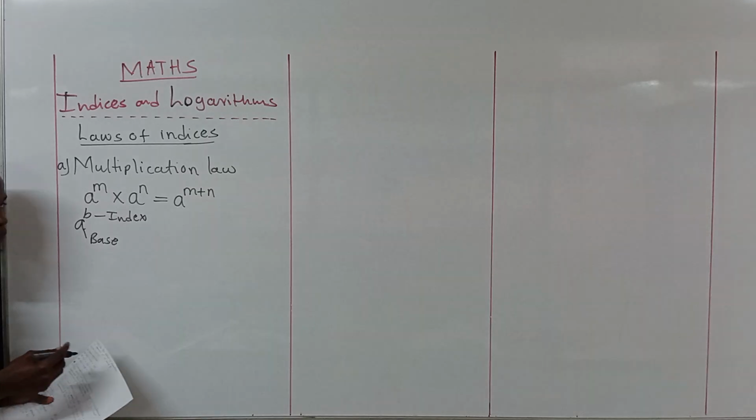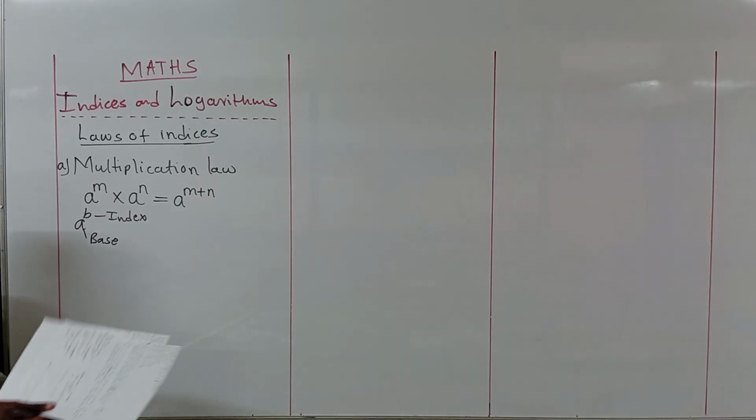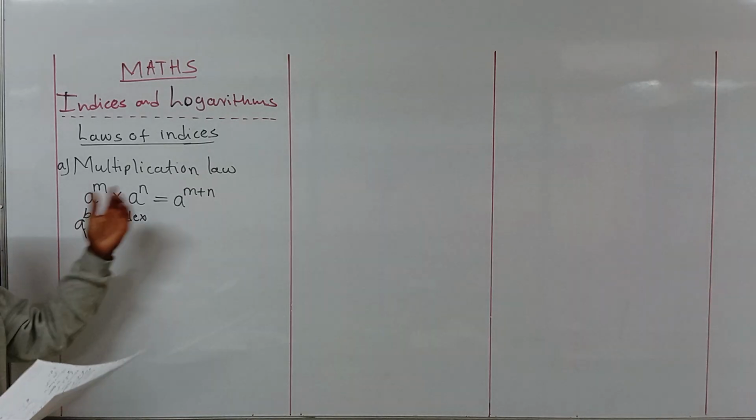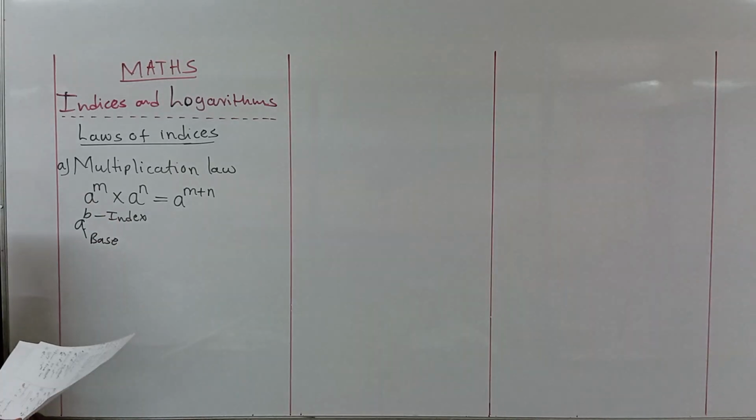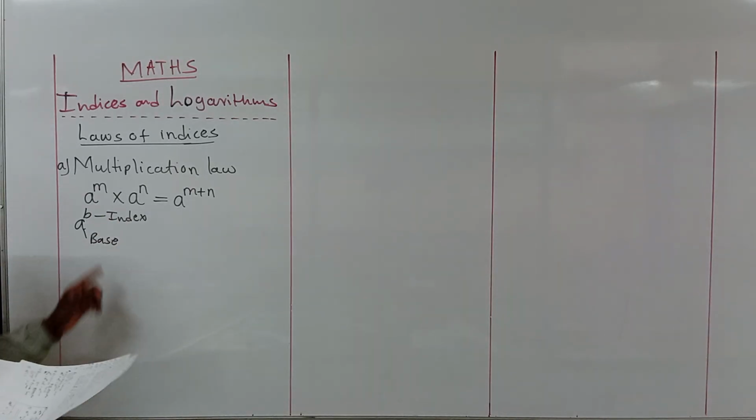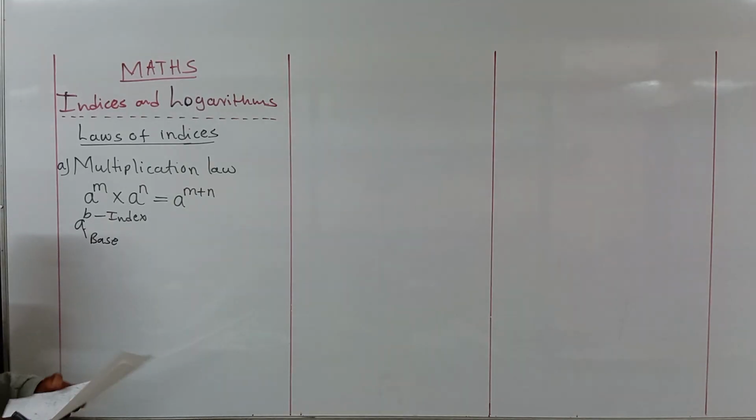The number which is being raised becomes our base, and the number of times to which it is raised is our index. We can also refer to it as our power.